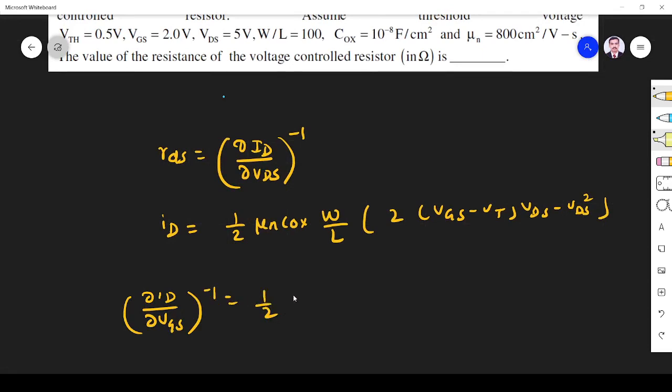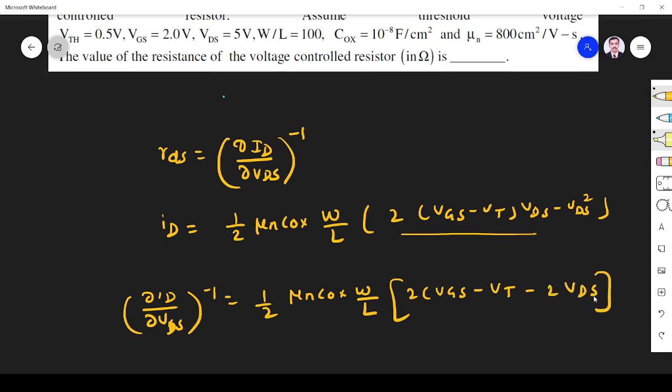So I get 1 by 2 mu N COX W by L, and differentiating with respect to VDS, I get 2 (VGS minus VT). Differentiating the second term, it is minus 2 VDS. So this 2 will be cancelled.